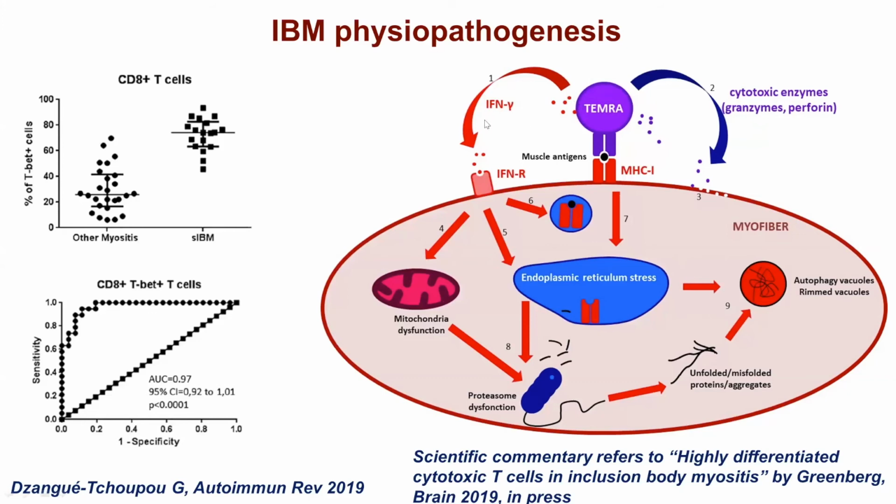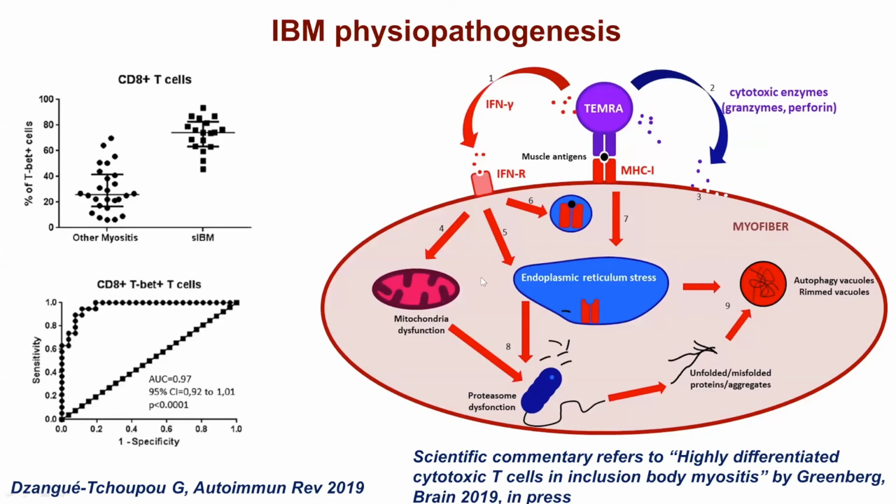And also a lot of interferon, not type 1, but type 2, interferon gamma, which can induce some mitochondrial dysfunction, but also endoplasmic reticulum stress, overexpression of the MHC class 1, which is one of the hallmarks of IBM.